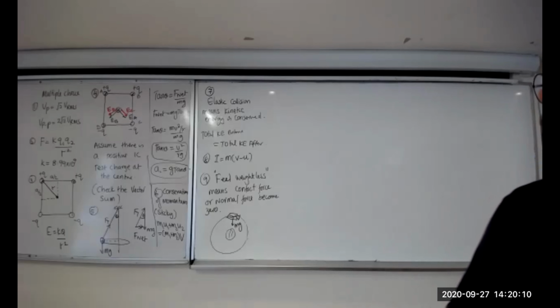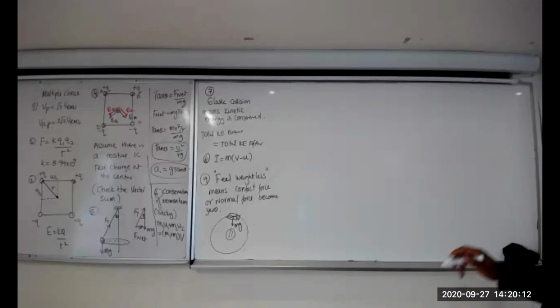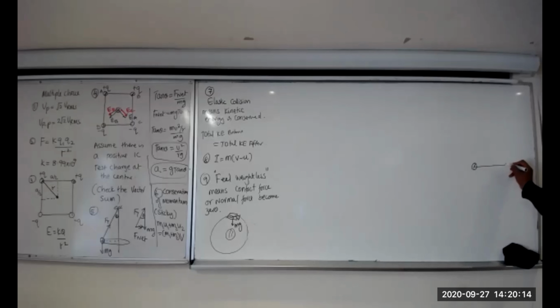Question 4. You need to look at the vector sum. If there's a positive test charge here, that's a positive one, that's a positive, that's a negative, negative. The positive and positive are going to repel each other. Let's say A, B, C, D. So that's the electric field strength that way.